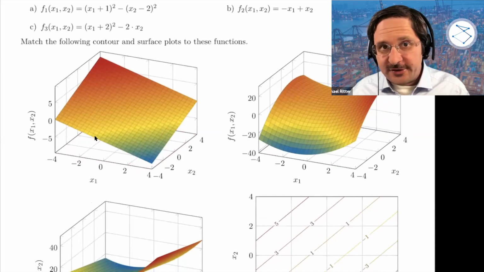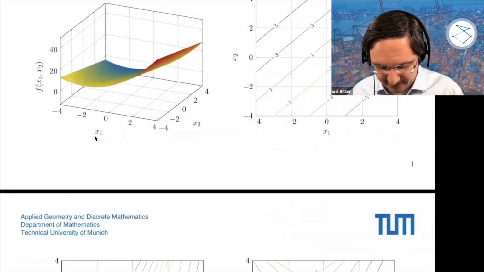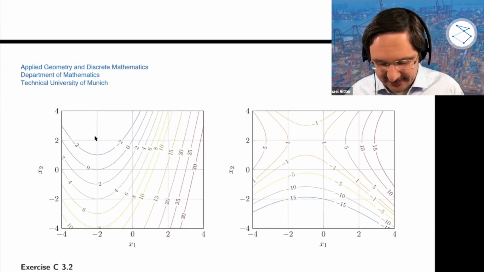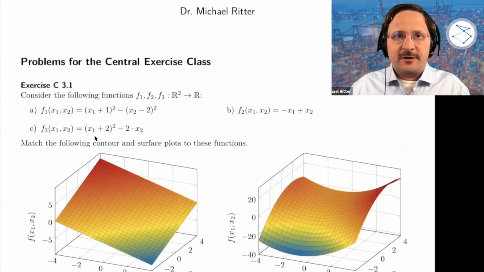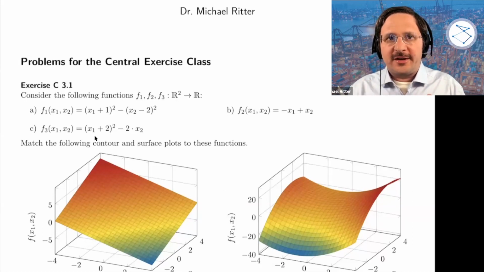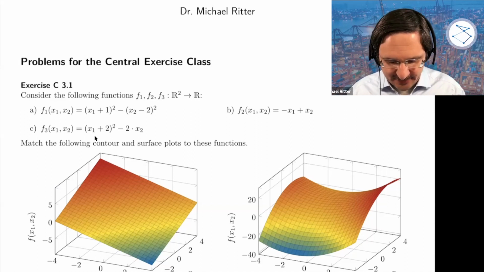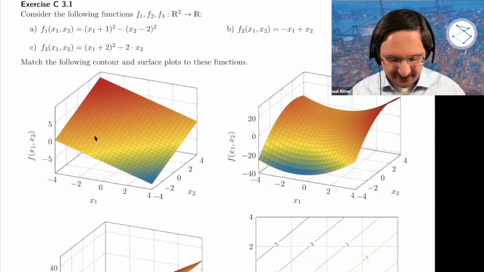As an alternative, we also have contour plots. The last 3 plots here are contour plots, or level set plots. The idea here is to determine for a given value all combinations of x1 and x2 that map to that value. So what we basically do is cut through those surface plots at certain levels.